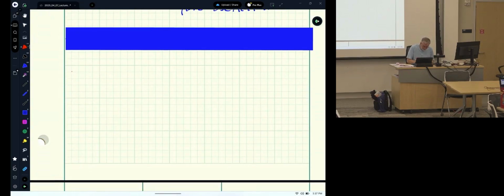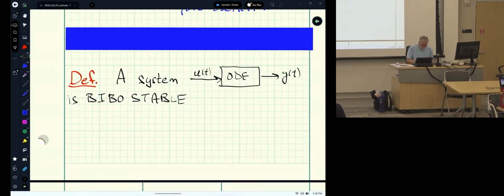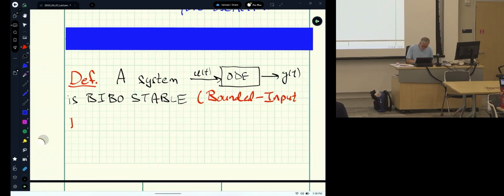Let's make a definition. A system, let me just write it abstractly, is BIBO stable, bounded input, bounded output.